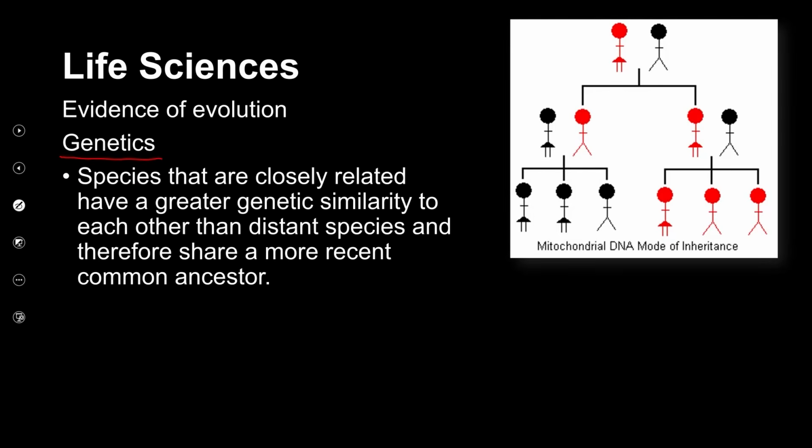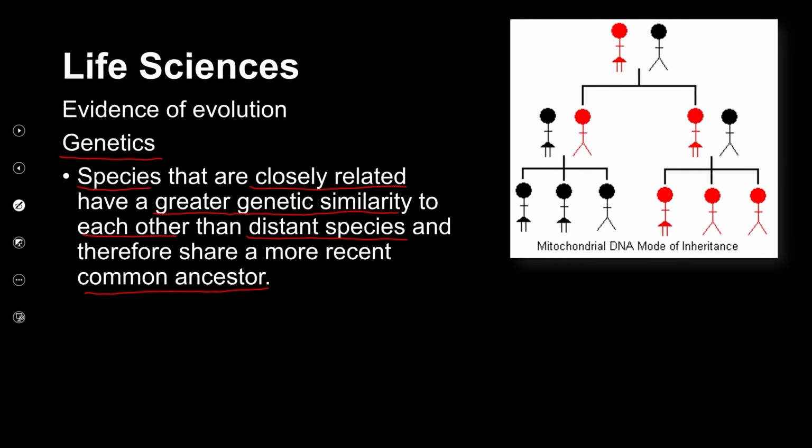Species that are closely related have greater genetic similarity to each other than organisms that are more distant species, and therefore they would share a more recent common ancestor.